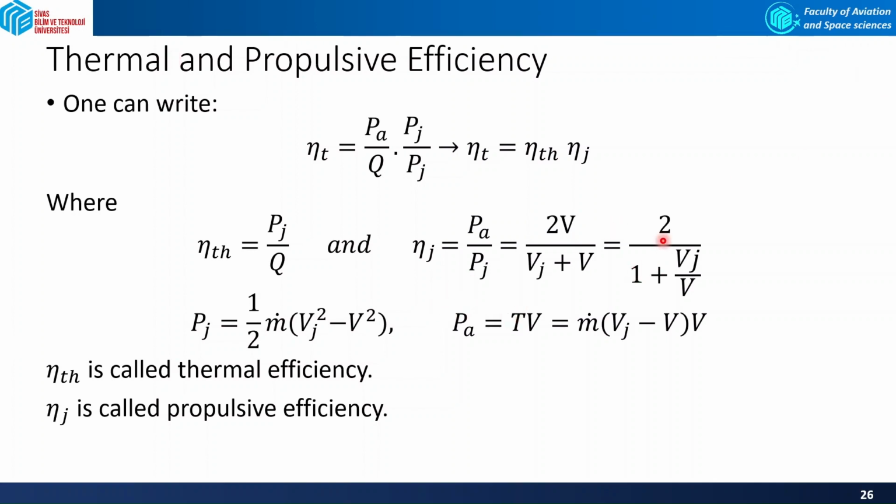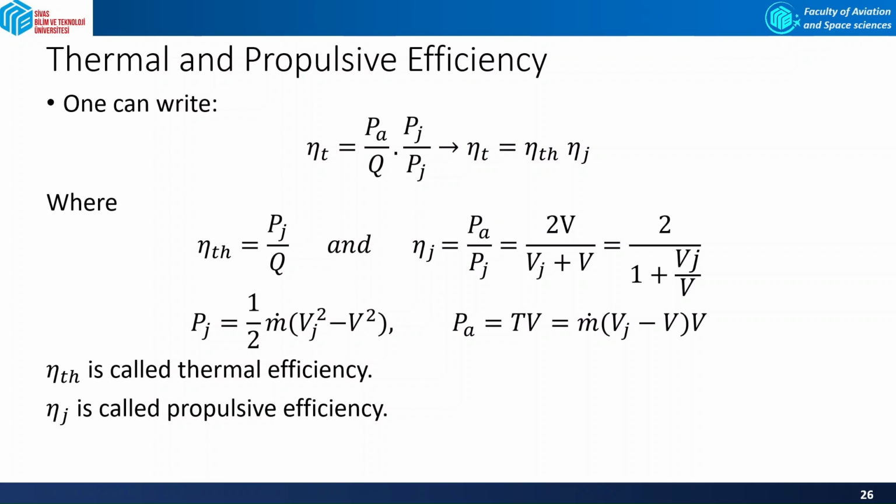This formula is 2 times v over Vj plus v. And this is interesting because when you remove this v from the denominator and numerator, you only get this formula: 2 over 1 plus Vj over v.